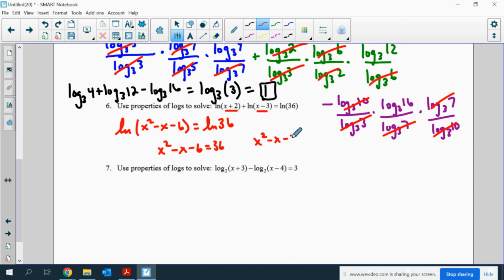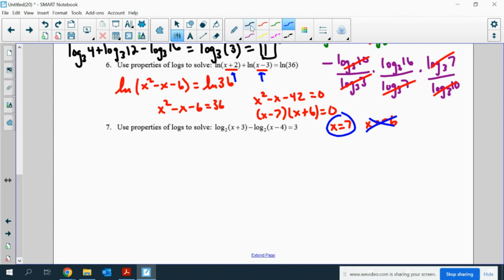So x squared minus x minus 42 equals 0. If I factor this, I get x equals 7, and x equals negative 6. But x equals negative 6 can't be an answer because it doesn't work in either one of these. I'd have negatives on the inside of the log. So the answer is just x equals 7.